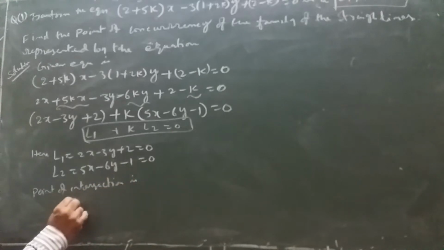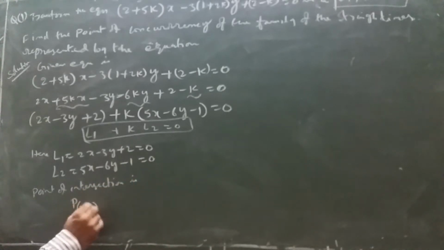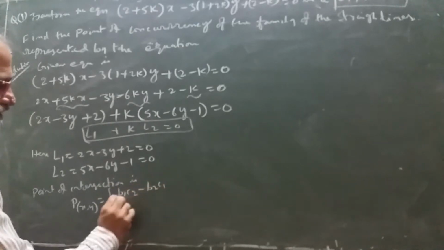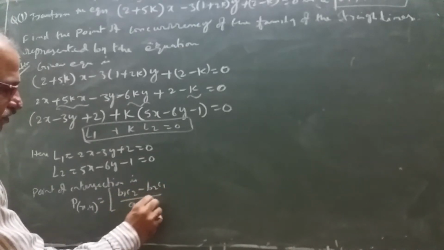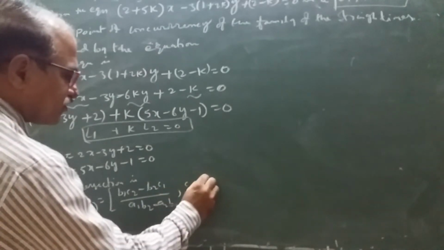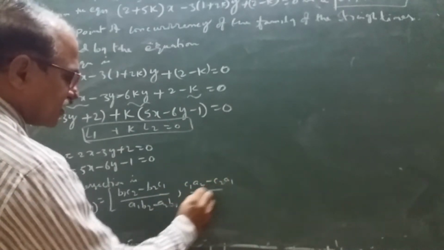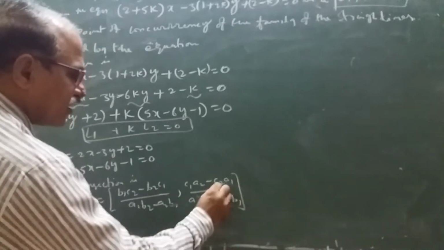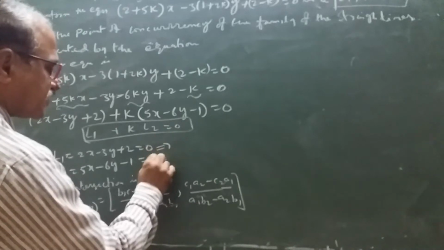That implies point of intersection is, the formula is P(x, y) is equal to (B1 C2 minus B2 C1) by (A1 B2 minus A2 B1), comma (C1 A2 minus C2 A1) by (A1 B2 minus A2 B1). In this, what is A1, B1, C1, what is A2?